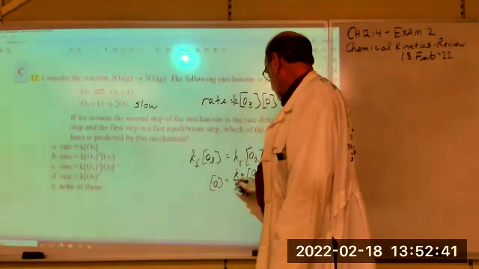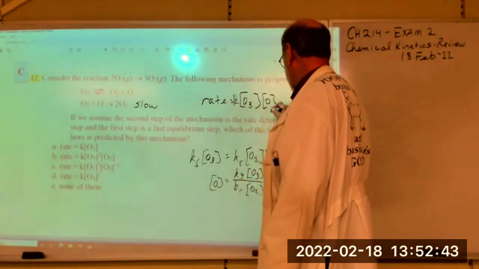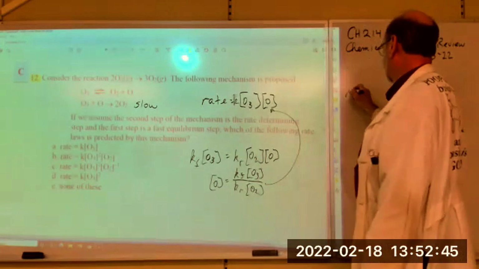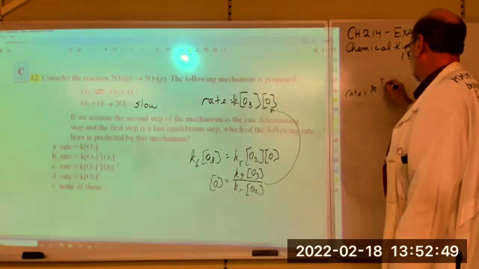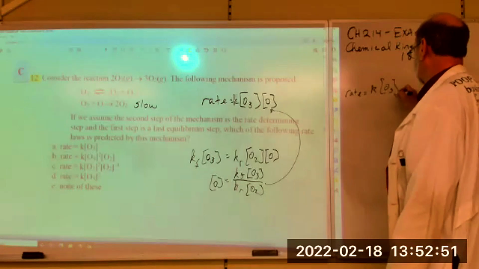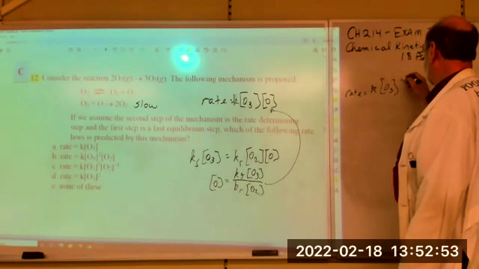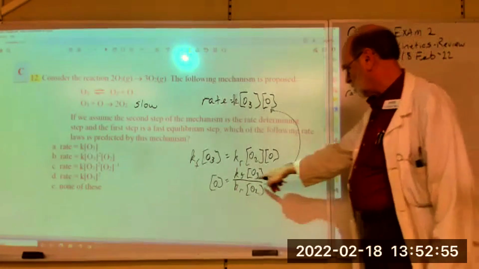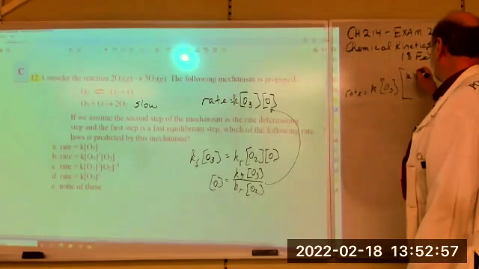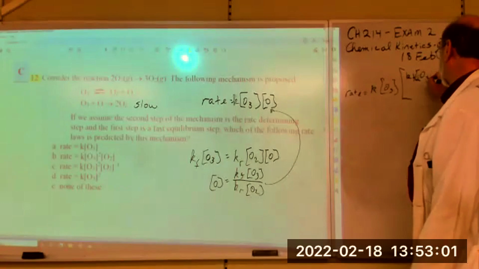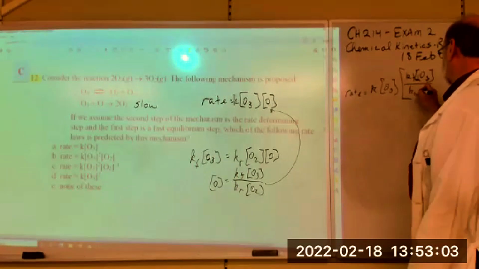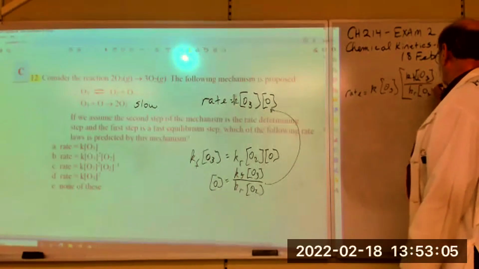Then we can substitute this one back in here. And that means the rate is equal to K O3, and then whatever O is equal to, which is KF times O3 divided by KR times O2.